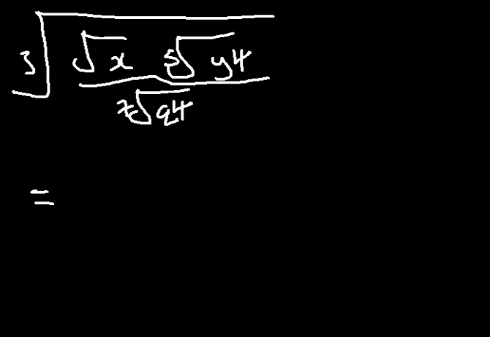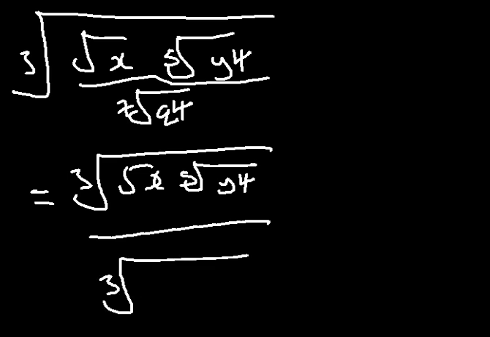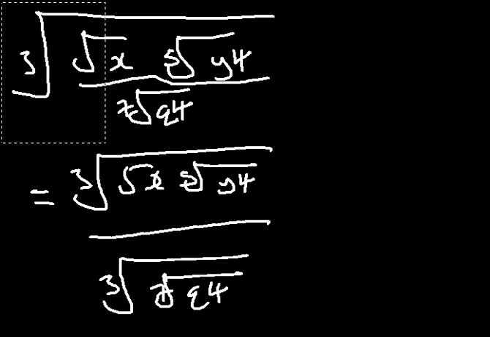In this case, this is the same as the cube root of the square root of x times the 15th root of y to the power 4, divided by the cube root of the 7th root of q to the power 4. So bear that in mind.